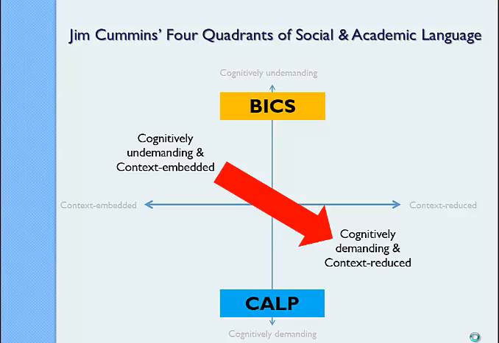Some students who are English speakers only but weak may be in the top right quadrant, but they still need to learn the language skills in order to move into the bottom right quadrant. If a student can reach that bottom right, the cognitively demanding and context-reduced quadrant, they should be successful in anything they choose to do in the future.